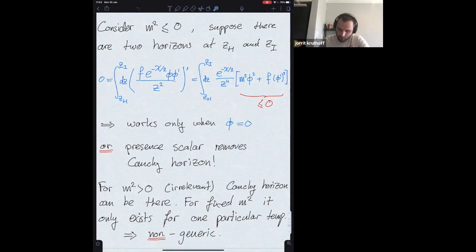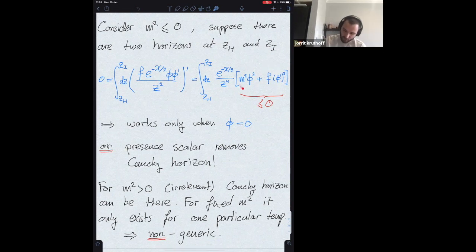it's negative. Phi squared, the scalar is real. If there's no charge, we can always choose a gauge where this phi is real. Then this phi squared is positive, m squared is negative. We're in between two horizons, so f is also negative, and then this derivative phi squared is also positive.